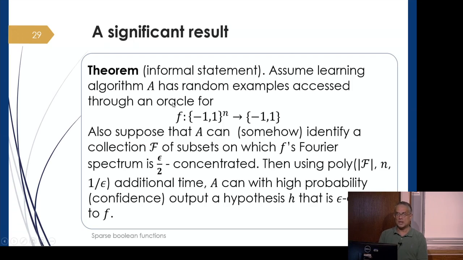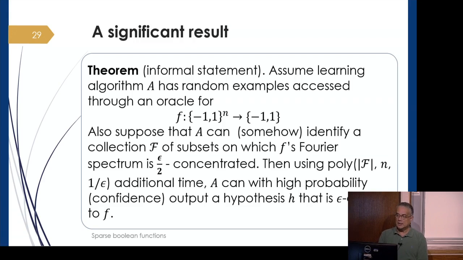Somebody tosses out these examples to you, and you're allowed to plug them into f and get its output value. And suppose that somehow A can consult somebody, and this somehow part is something we will be formalizing later. But for now, let's say that A identifies the subsets F on which the Fourier spectrum is concentrated, in our case epsilon by 2 concentrated, half epsilon concentrated.